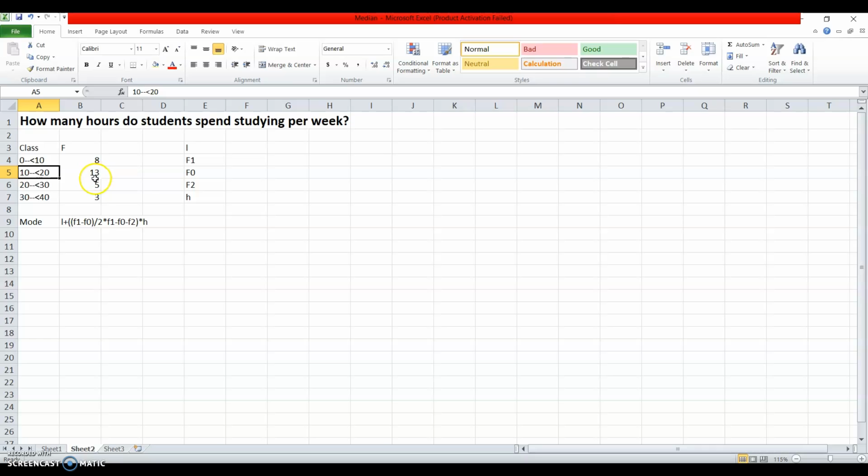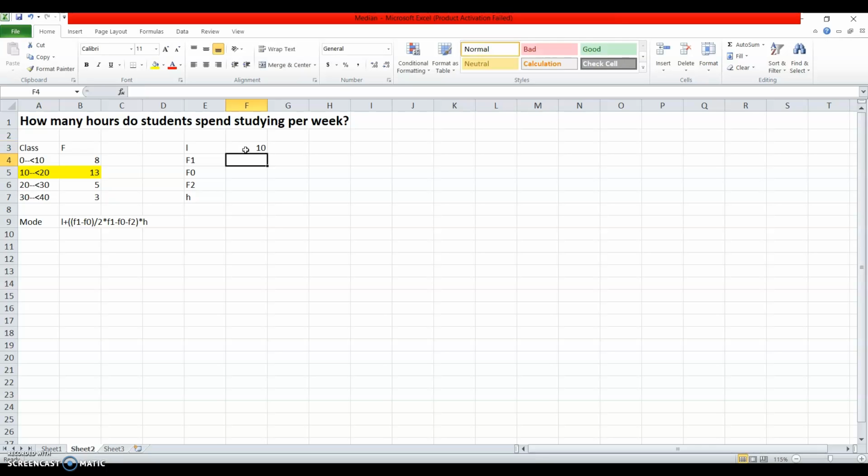And 13 is the highest frequency from the frequency column, which makes this class from 10 to 20 hours the modal class. So let me highlight it in yellow. So this class is the modal class, and L is the lower boundary of the modal class, which is 10.